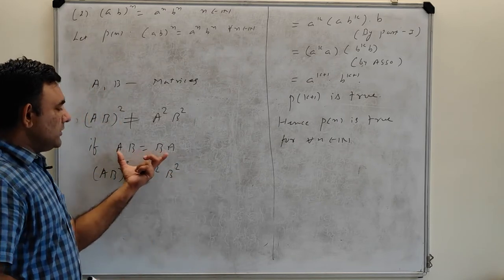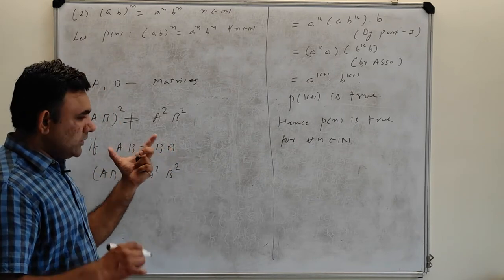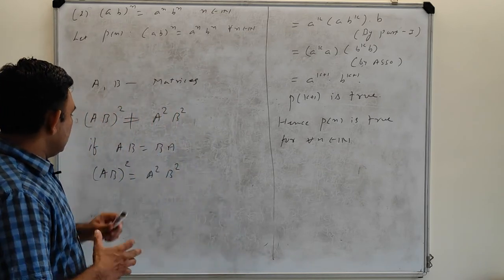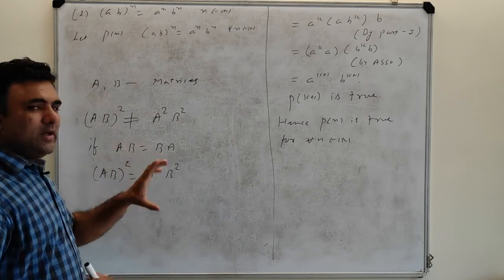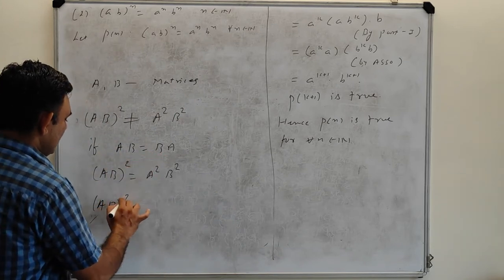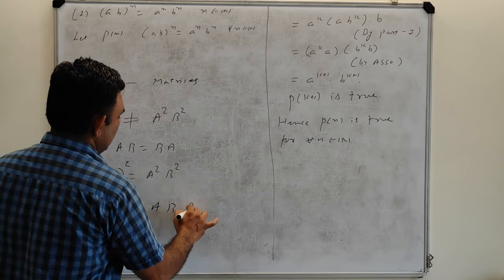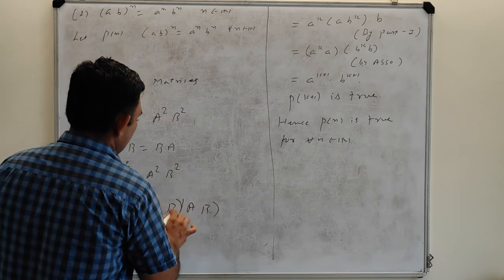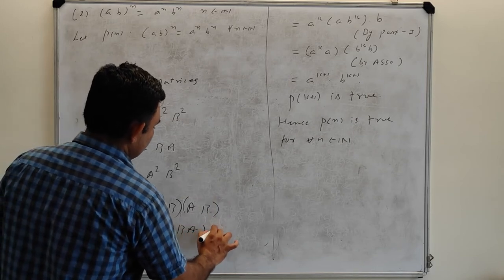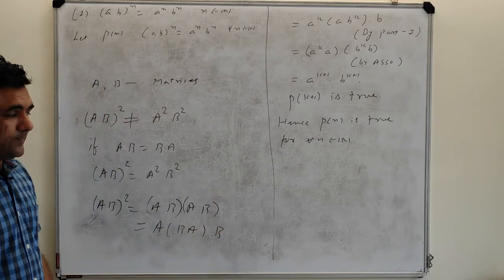If you do not have this information, whether AB equal to BA or not, suppose you don't know about AB and BA, then AB square is just ABAB, not more than this.